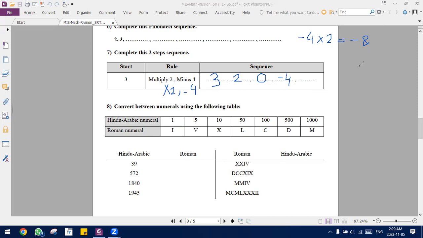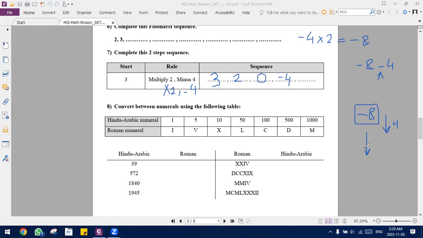Then what do I have to do next? I need to subtract 4. Minus 8, minus 4. How can I solve it? Let's go to the elevator. I am on the minus 8th floor. Then the sign here says minus. So I will go down. By how many floors? By 4 floors.